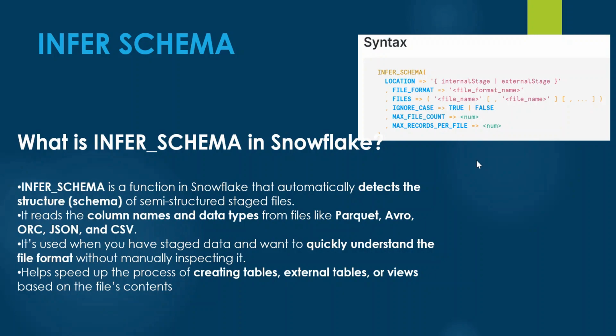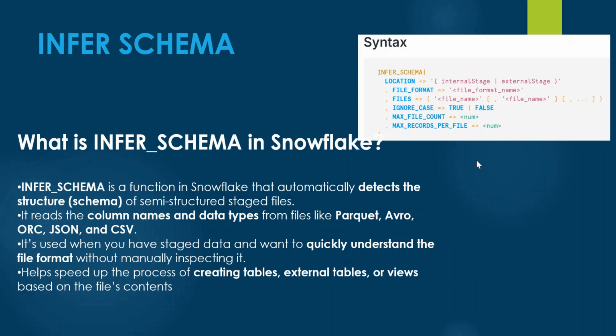Next we have ignore case equal to true or false. That means if I have one file which has some columns, let's suppose some are in camel case, some are in small case, but I do not want them in small case or camel case.